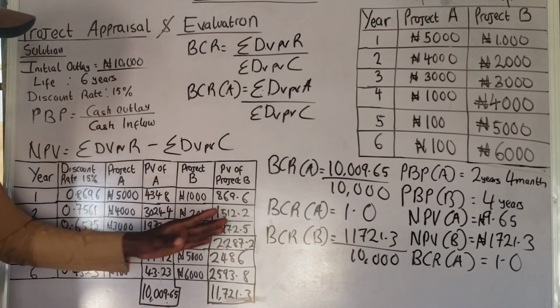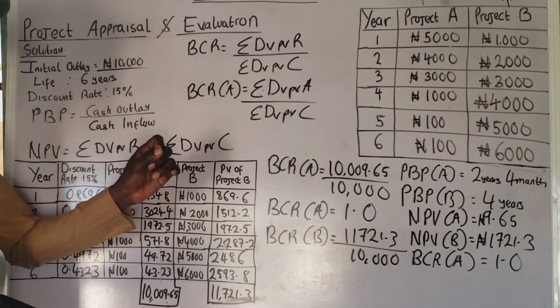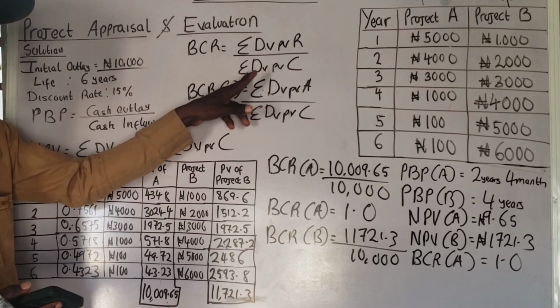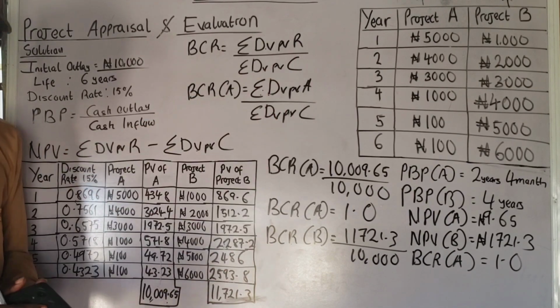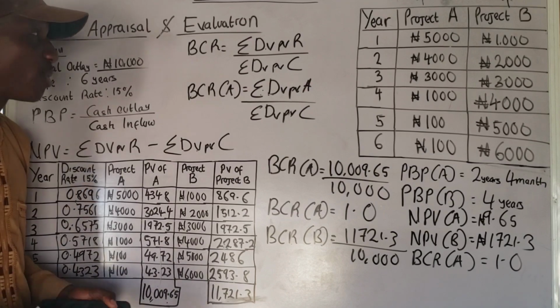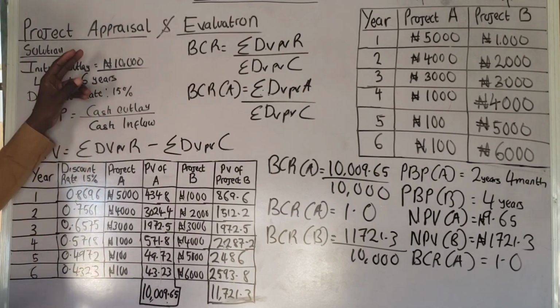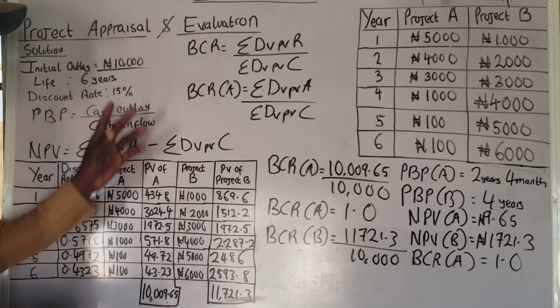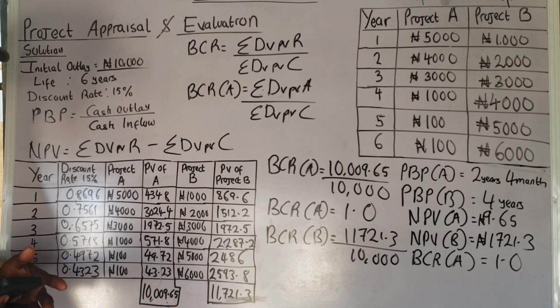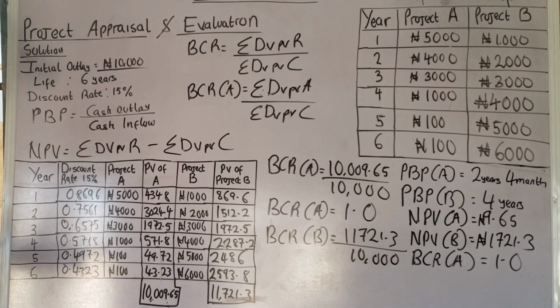Their sum will be the sum of the discount value and the present value of the cost. Do you understand? That is what I mean. But now we are given the initial cash outlay, which is the cost, 10,000 naira. So we use 10,000 naira directly. You understand? So that's what I'm insinuating.